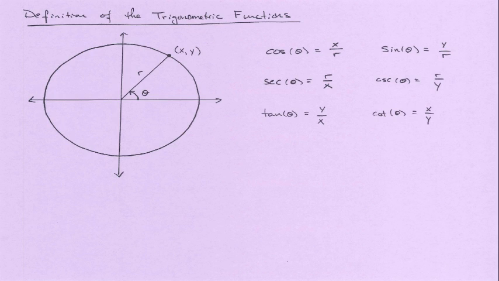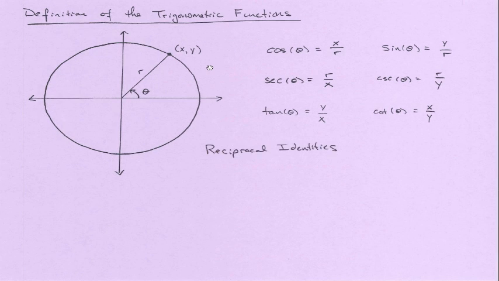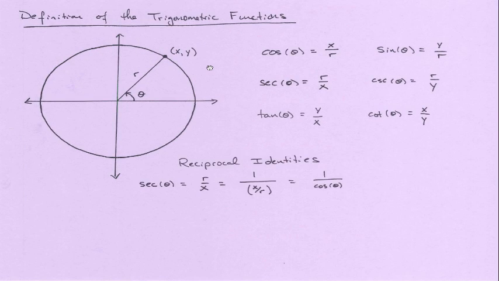So our immediate trig identities that we can get out of that are the reciprocal identities. Let's take secant of theta. Secant of theta is just going to be r over x by our definition, but then using some algebra, r over x is algebraically equivalent to 1 divided by x over r.